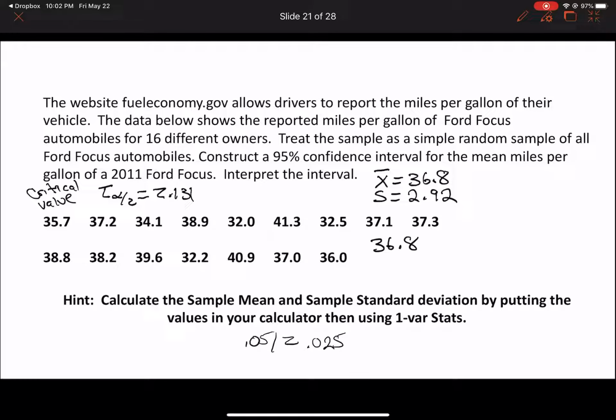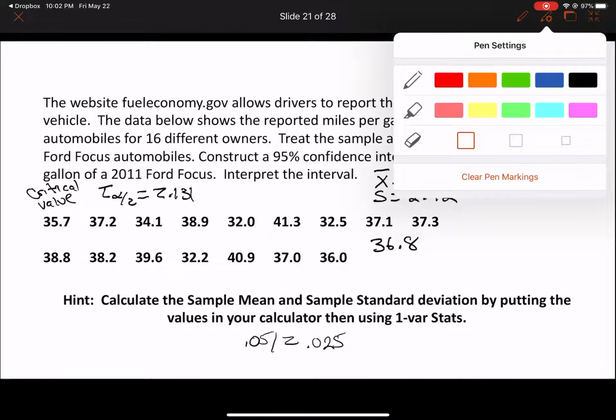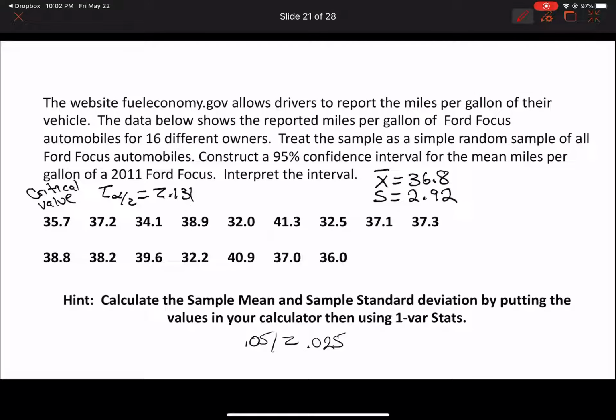So we're going to do 36. I'm going to do this in a different color because I didn't leave enough room to do math on here. So I'm going to do 36.8 minus 2.131 times 2.92 divided by the square root of 16.